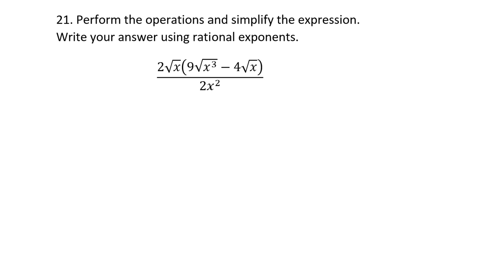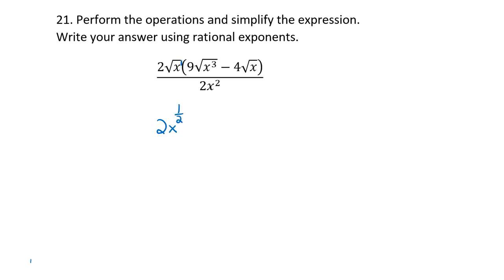Okay, problem 21. Perform the operations and simplify the expression. Write your answers using rational exponents. Okay, so we can go ahead and rewrite this as rational exponents. So we have 2x to the 1/2.